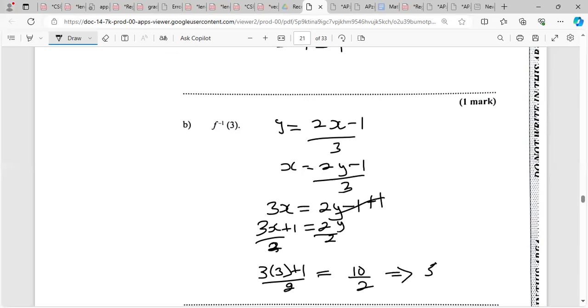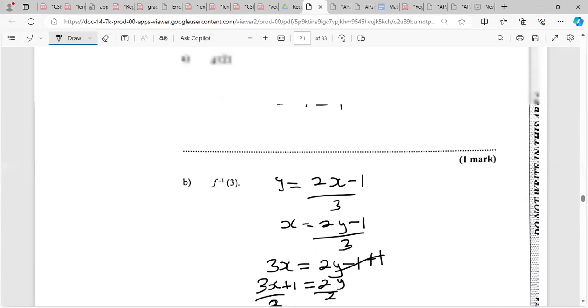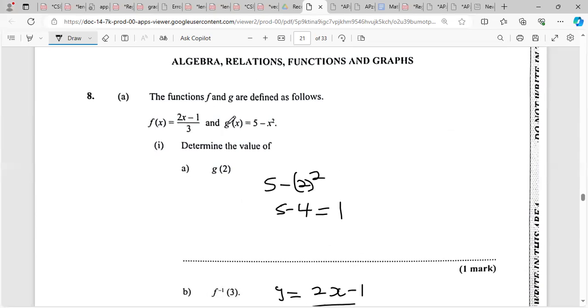Alright, cool. Let's say fg now. I can't make fg(2). I'm going to have to rewrite fg of x. So the last function I must write, which is g. So that's 5 minus x squared. This goes in brackets. And then now we're going to write back f in terms of all of that.